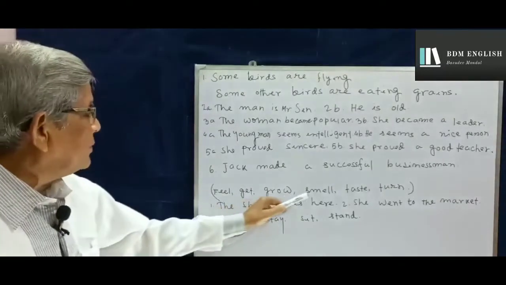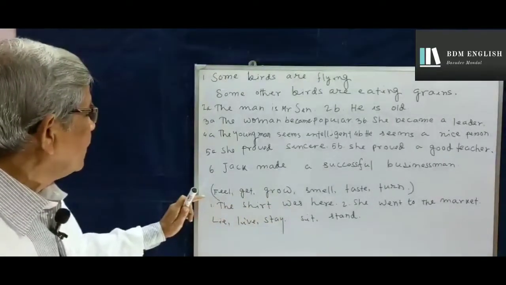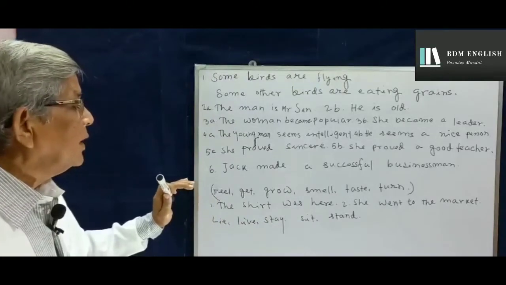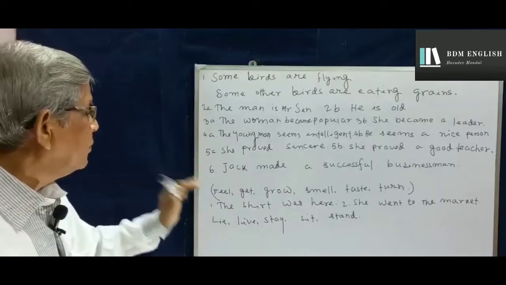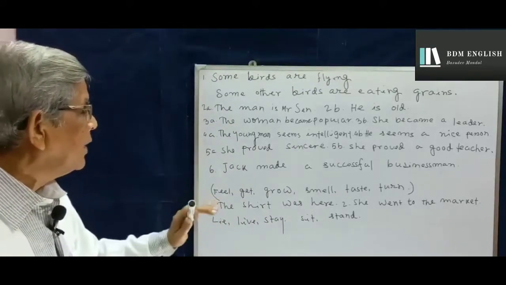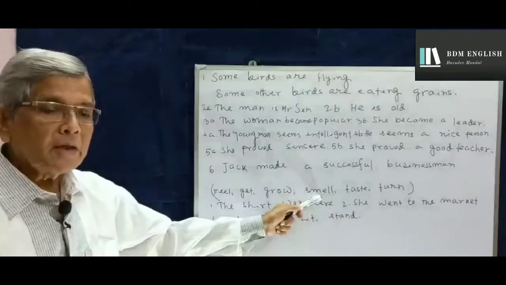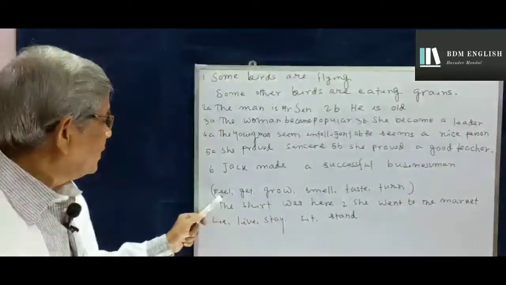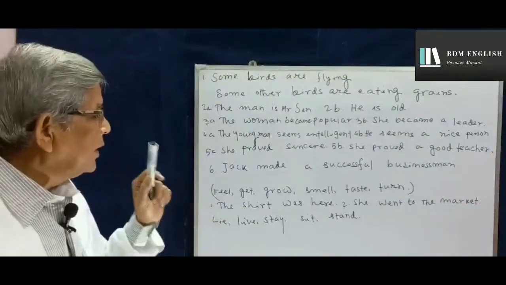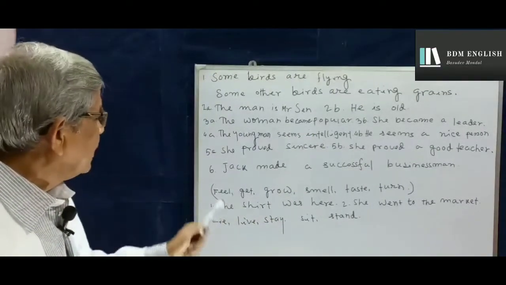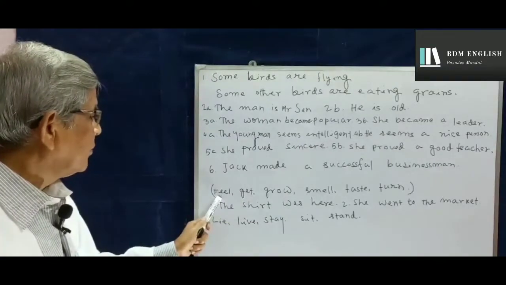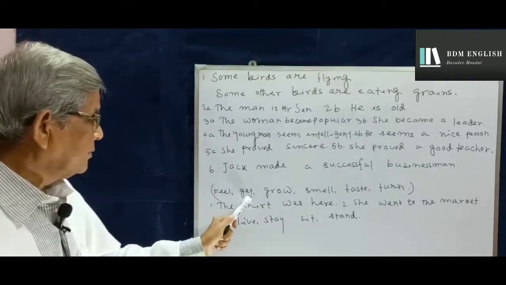Here is a list of verbs after which we can only put different kinds of adjectives. We cannot put any noun as a complement after these verbs of incomplete predication. These are all intransitive verbs of incomplete predication. He felt tired. It is getting dark.